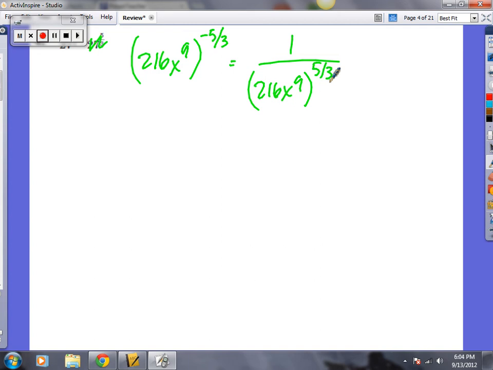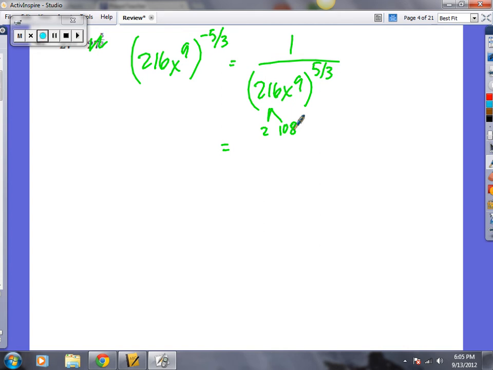Alright, move number 2. Let's factor 216. So 216, if you divide it by 2, you're going to have 108. Now 108, if you divide that by, let's see, we can divide it by 2.